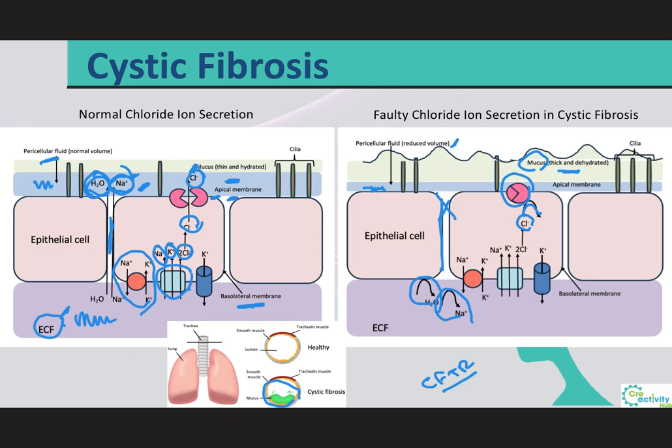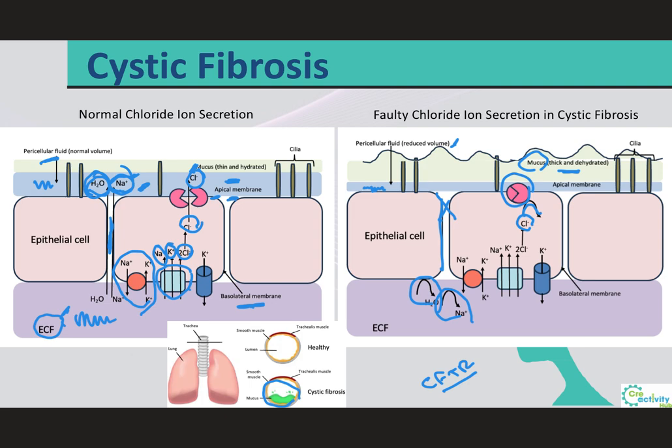And with respect to the reproductive systems, the blockage of the vas deferens, which can also be called the ductus deferens, will lead to infertility in males. And the formation of dense mucus plugs in the vagina will also restrict the entry of the sperm into the uterus, also leading to infertility in females.